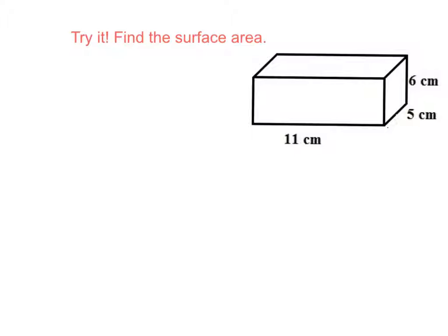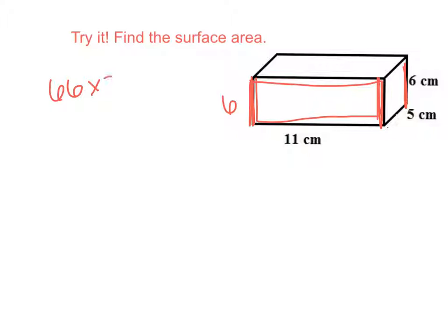Alright, so in order to find this first base, I'll make my pen a little thicker here. This first base here, I'm going to take 11 and multiply it by the height. Well, my height doesn't say what it is, but if I look to match these lines, there it is, my height is 6. Okay, 11 times 6 is 66.